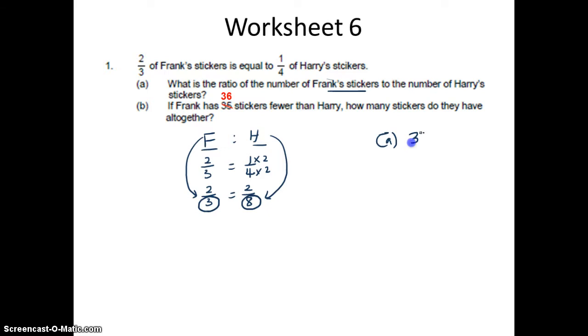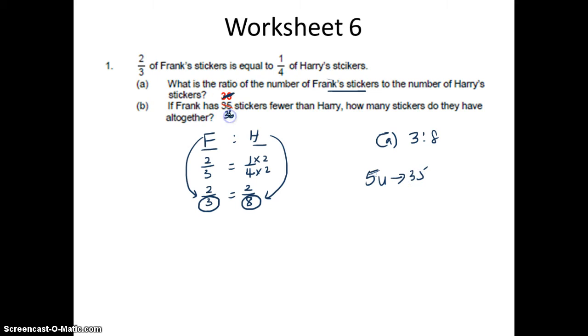So A is 3:8. I'm sorry, there's a mistake in the question. If Frank has 36 instead of 35, 36 stickers fewer than Harry. So Frank has 5 units, 8 minus 3. 5 units is 35.